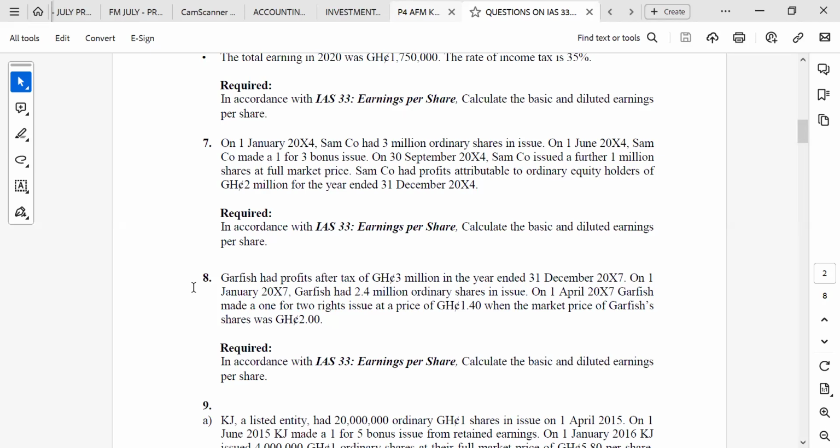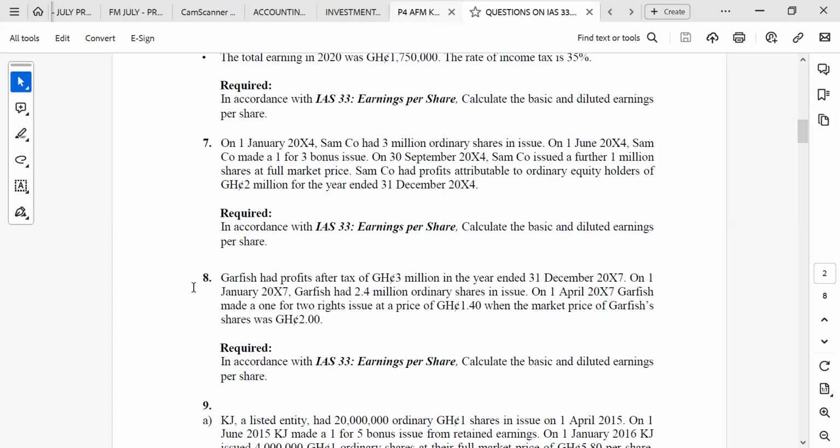Okay, the diluted earnings per share will be the same as the basic, so forget about that one. All right, so let's come here. So the profit for the year is what? 3 million. The company has how many shares in issue? 2.4 million, from the start of the year, isn't it?